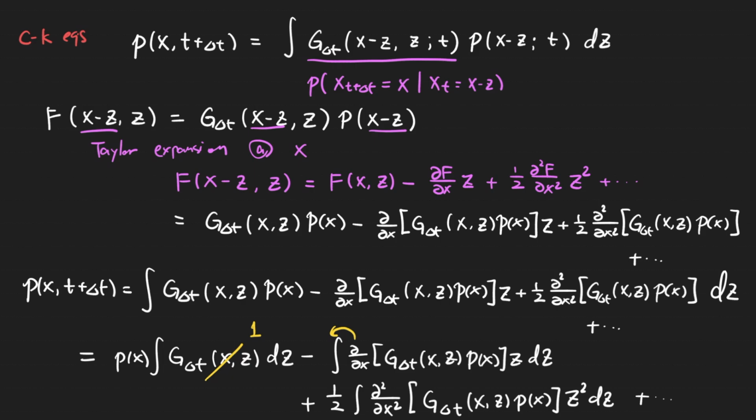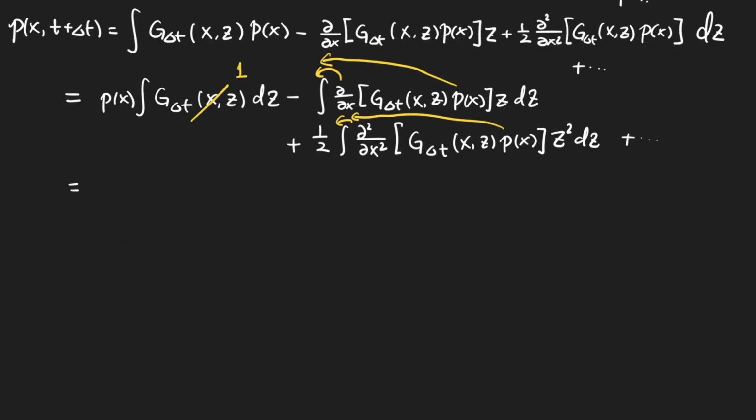And also you can move this p of x outside. And that's just going to give us something related to the first moment, to the expectation of the jump size. Then the same for the third term. You can move the derivative operator outside, and then we can move the probability p of x outside. Okay, so let's do that.